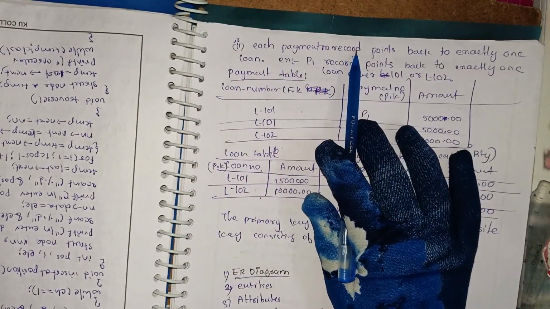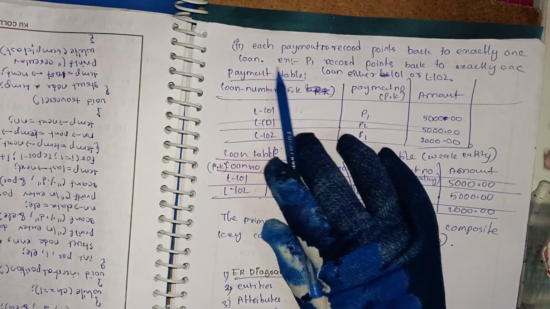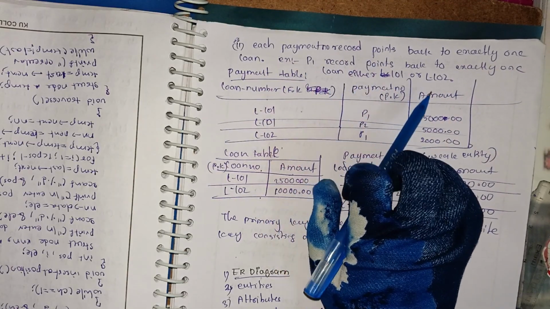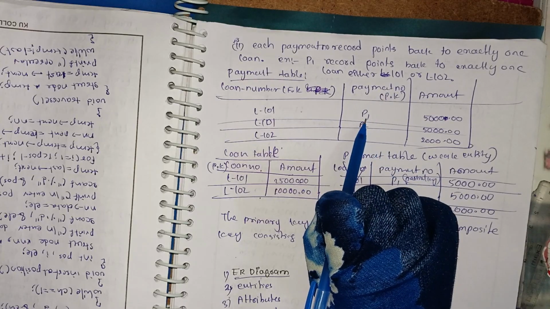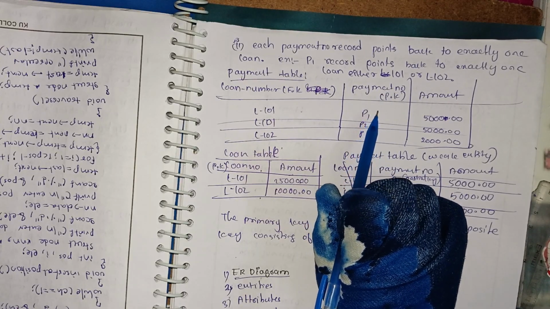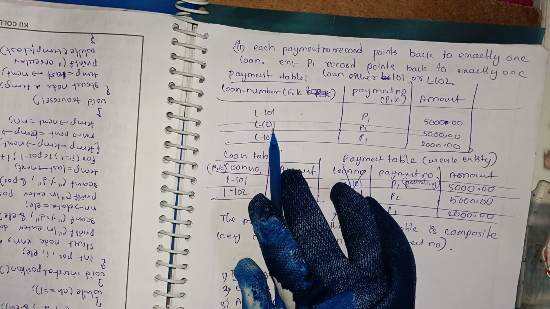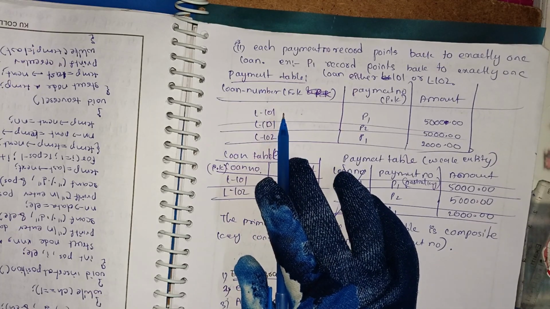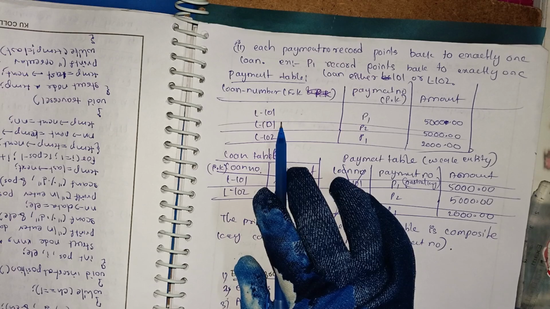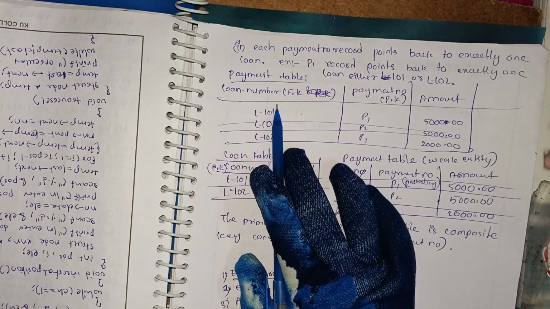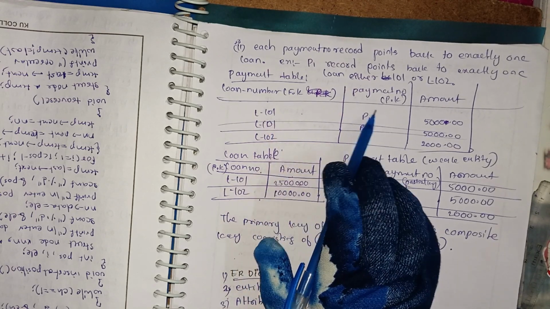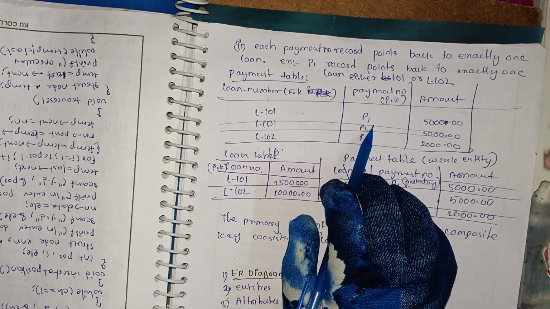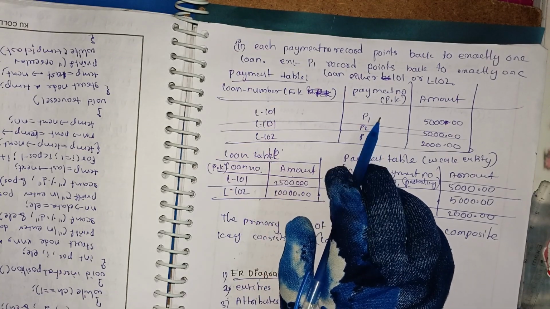Then each payment record points back to exactly one loan, the P1 record. These P1 and P2 payment numbers belong to only one loan number. For the same customer there are different payment numbers, for different days, day 1 and day 2.